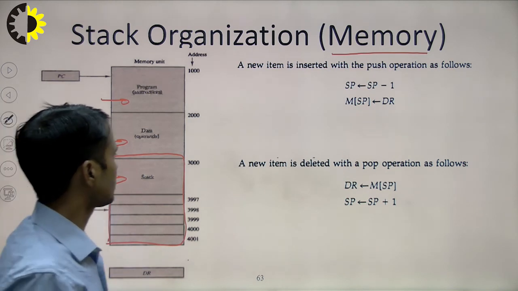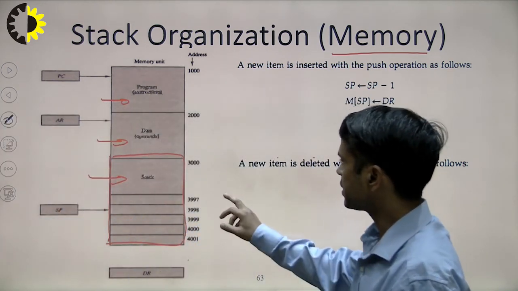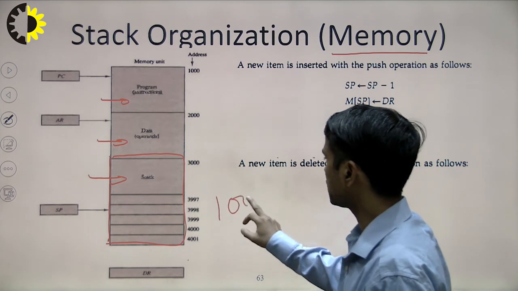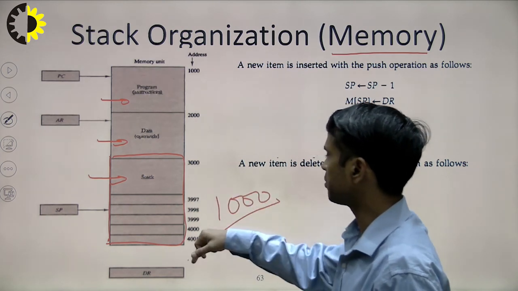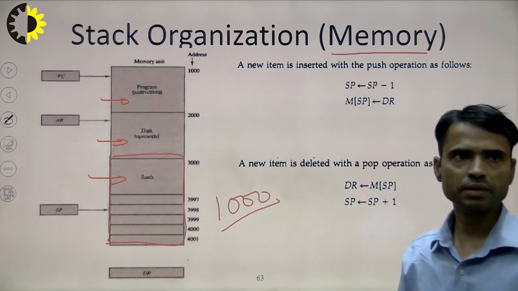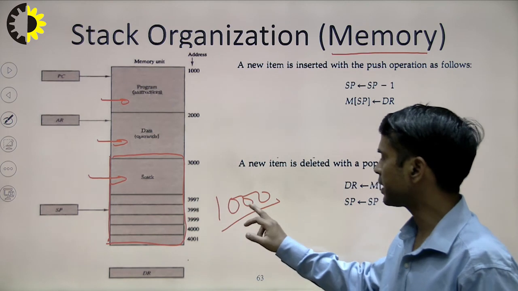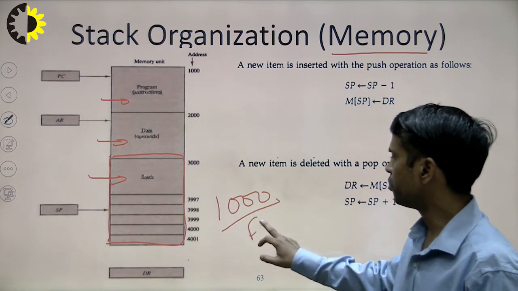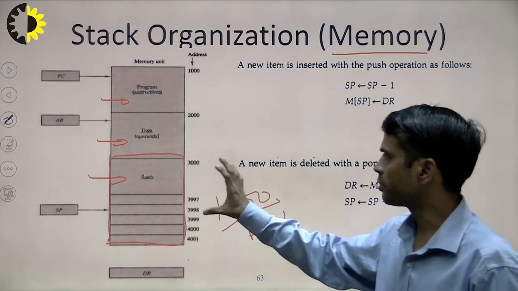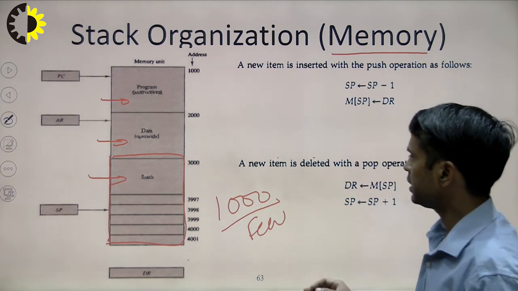Now what is the difference between the previous one and this one? A very important difference is that 1000 stack units can be stored here, but in register-based stack organization there is a limitation, as only a few memory elements are available.